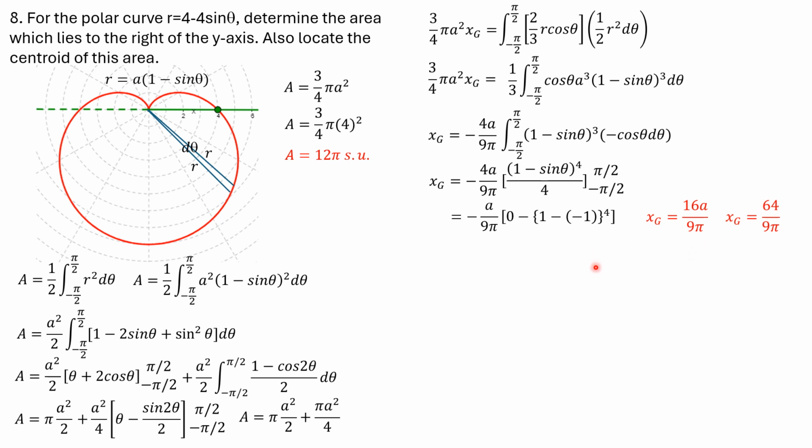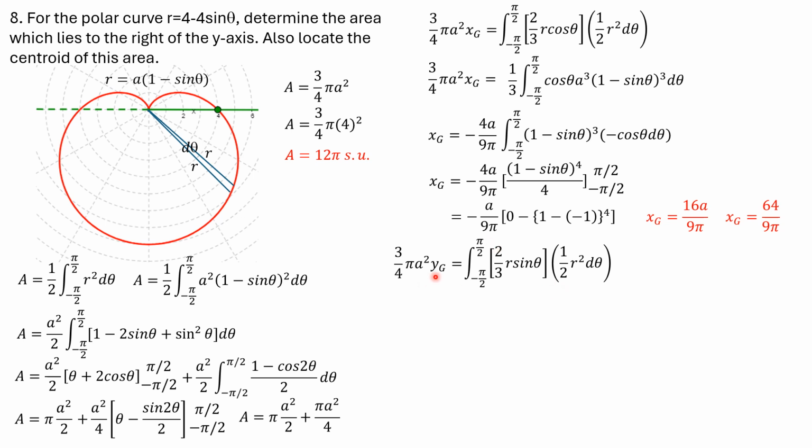Then for y sub g, 3/4 pi a squared y sub g equals the integral from negative pi over 2 to pi over 2 of 2/3 r sine theta times quantity 1/2 r squared d theta. Cancel 2 again.